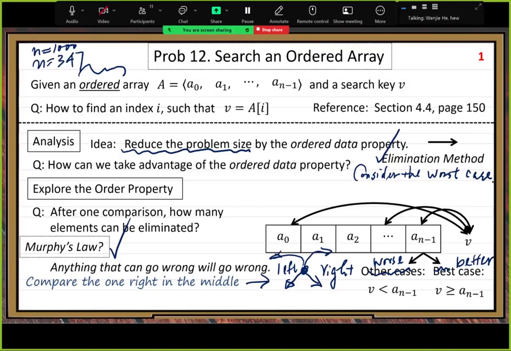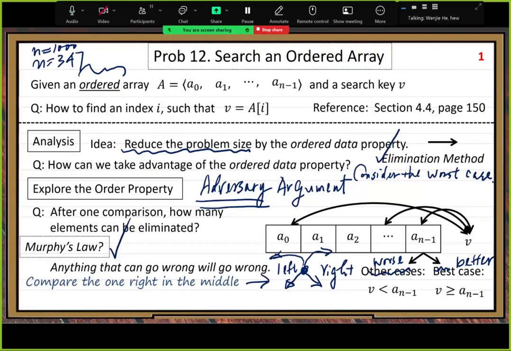Here, let me mention that idea, called the adversary argument. What's that? Here, we imagine we have a smart adversary.